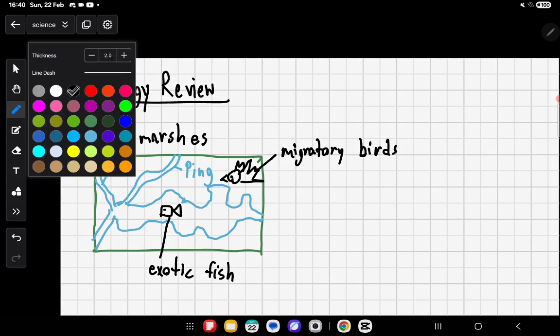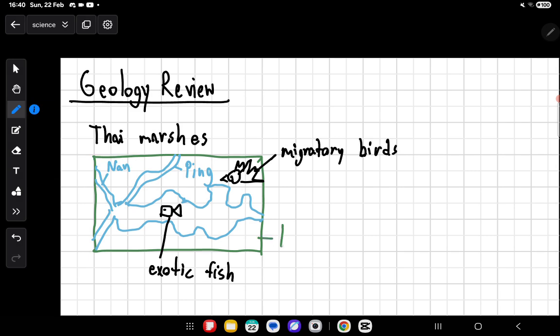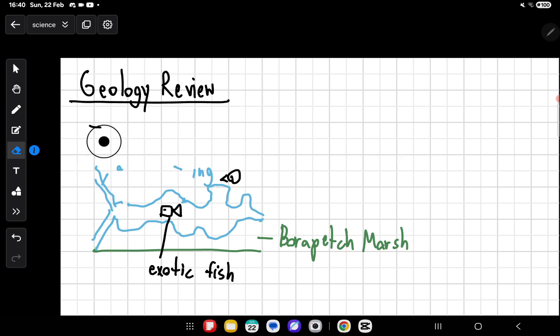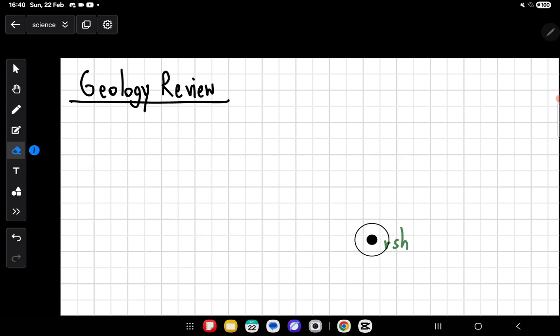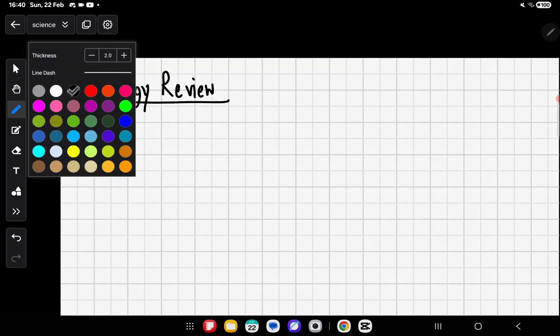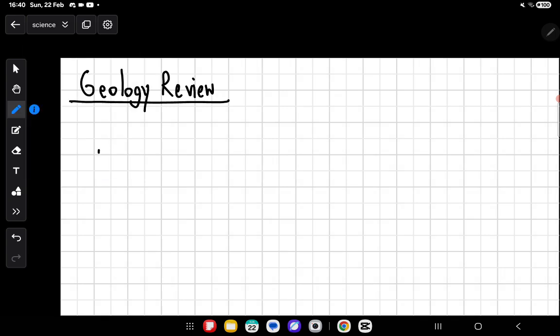Now, to clarify even more, it's spelled Borapeth. Yes, so this is the Borapech Marsh in Thailand and the connections it has. Okay, now that we have gotten that over with, let's look at our next topic, which is natural disasters in Thailand.